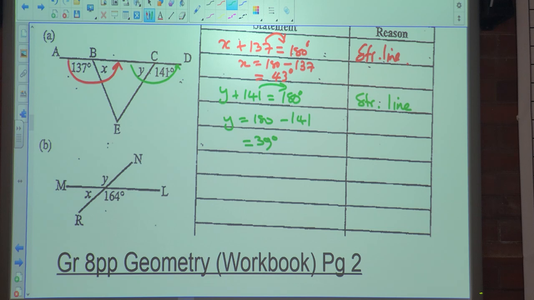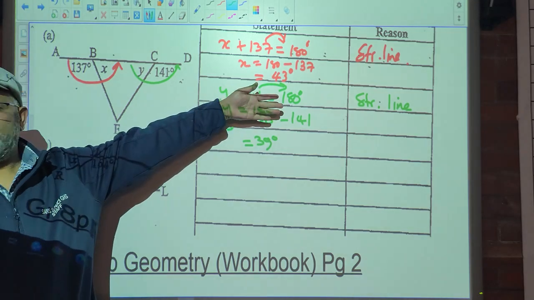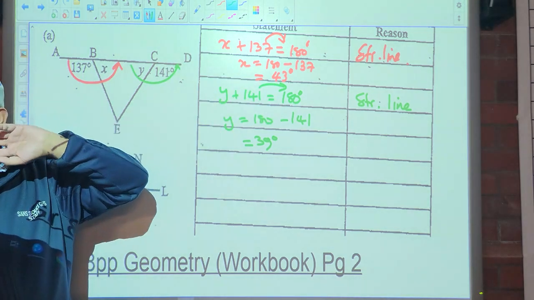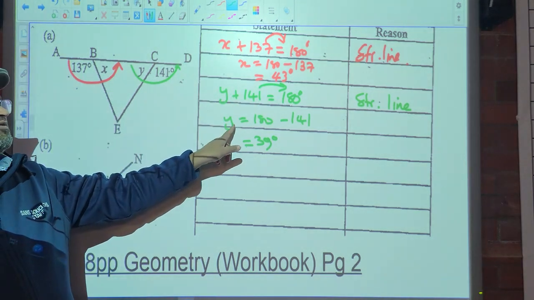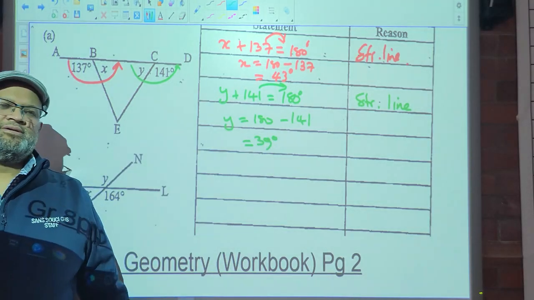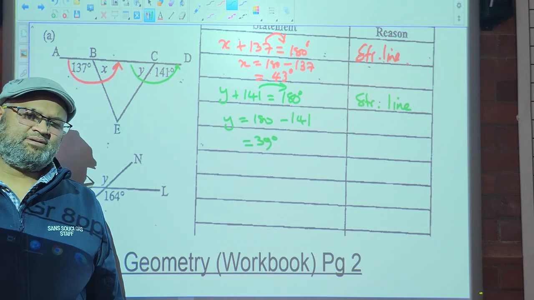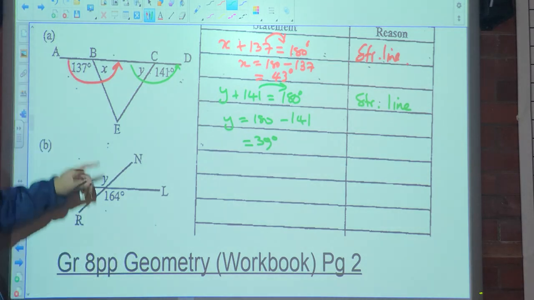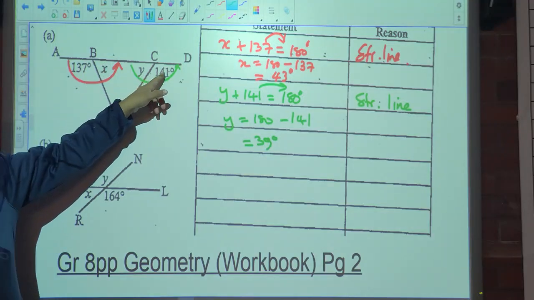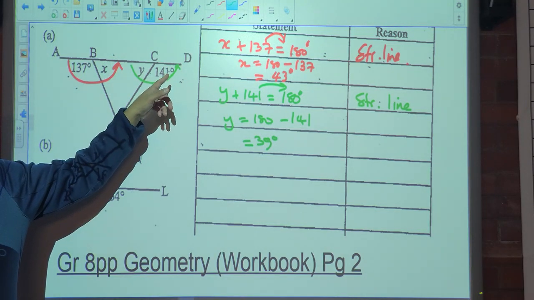Yes, Michael? Would it be unnecessary to write the first calculation? Let's hear what the question is. So your question is, do you have to write the first statement, like saying 137 plus x plus y plus 141 is equal to 360?